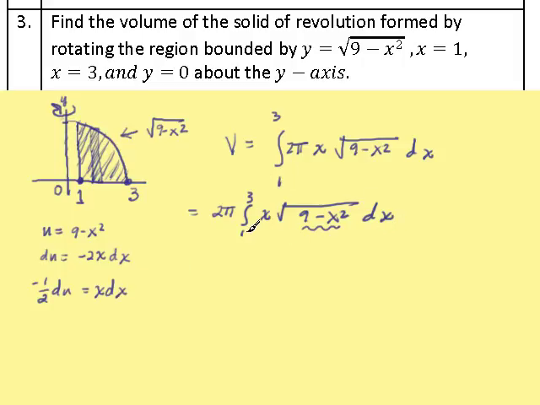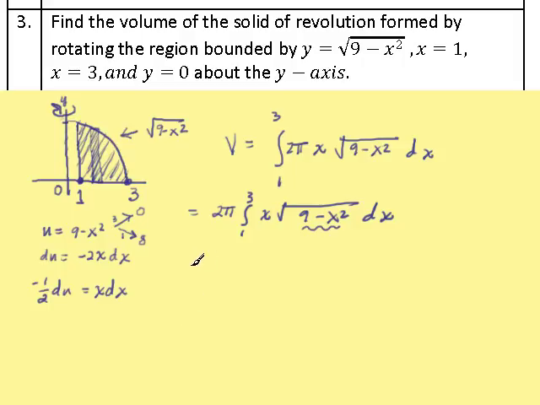We also have to change over this 1 and 3 to u limits. So let's first do when x is equal to 3. When x is equal to 3, u is equal to 0. And when x is equal to 1, u is equal to 9 minus 1, or 8.